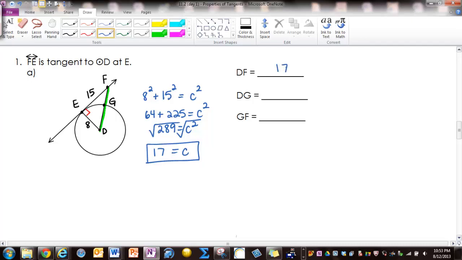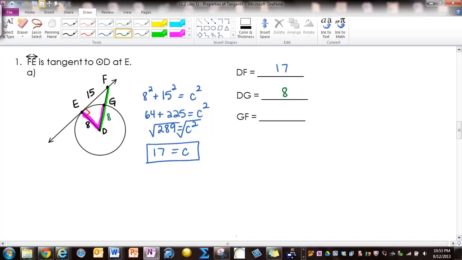Next we're looking for DG. Now DG is going to be a radius of that circle. It's going to have the same length as every other radius of the circle. So this one right here, which is 8, and the one that I just found, DG, are going to be congruent. So DG equals 8.